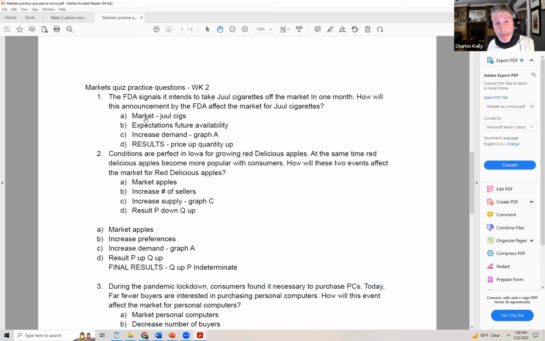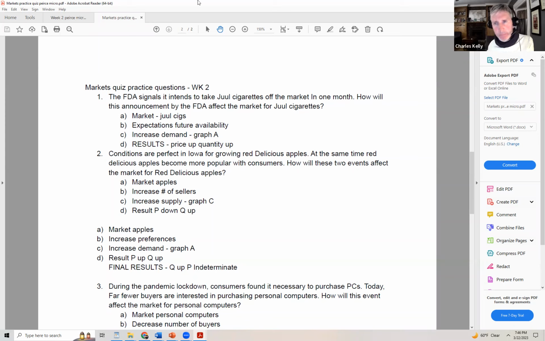You're going to have to provide these answers. Now remember, you don't have to draw a graph. You're going to say, what's the market? Which of the non-price determinants of demand or supply is affecting the market? How will that change the market? So you're like, oh, it'll be exactly like graph A, an increase in demand. And then what does that do? The result at the new equilibrium, price up, quantity up.